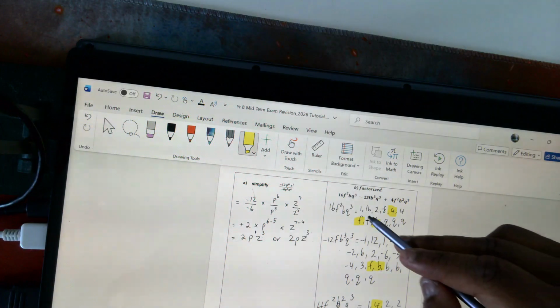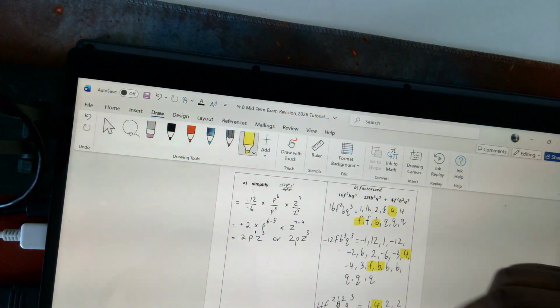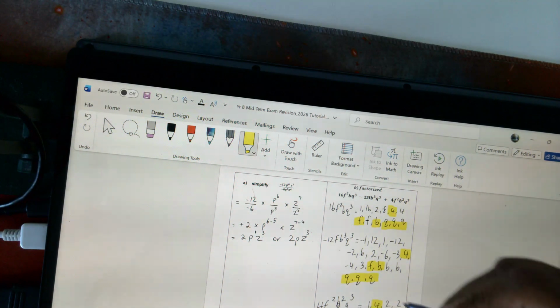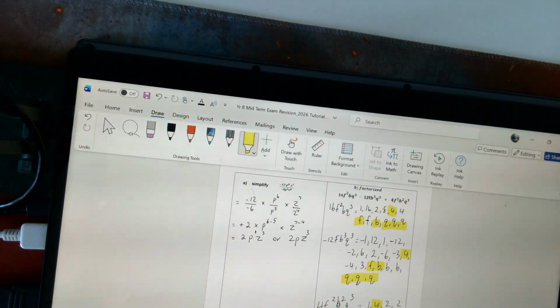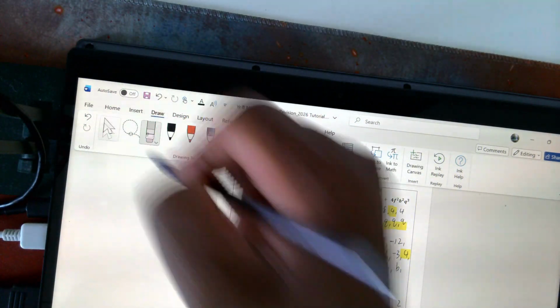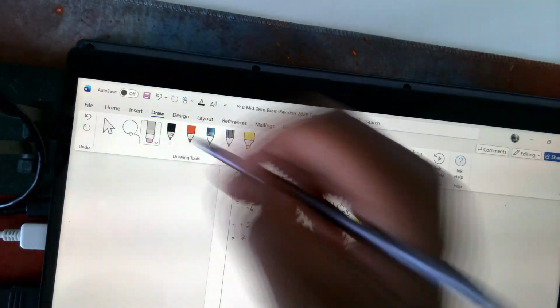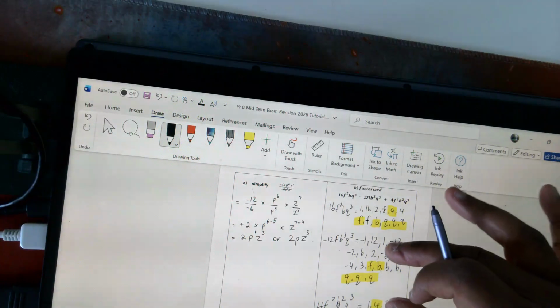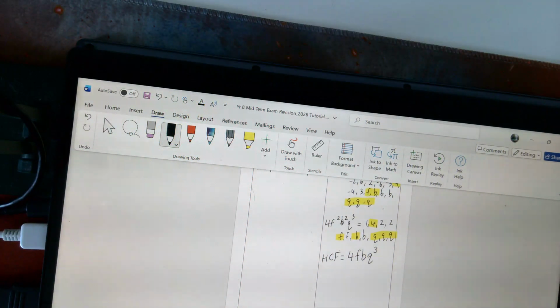And I've got q cubed, q cubed, and q cubed again, so all q terms are common. So my highest common factor is 4, 1f term, 1b term, 3 q terms, so q cubed.